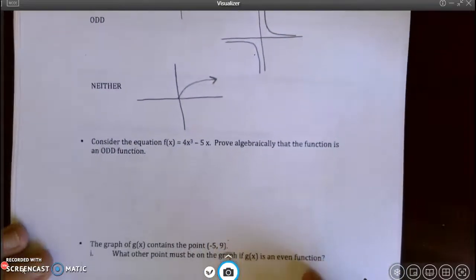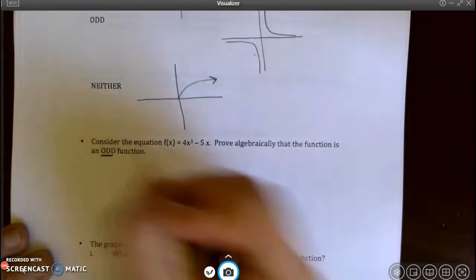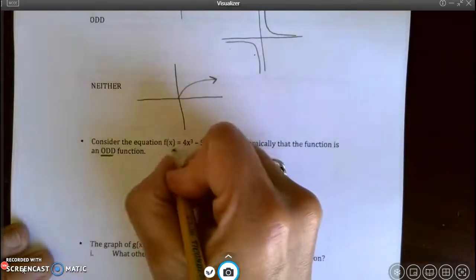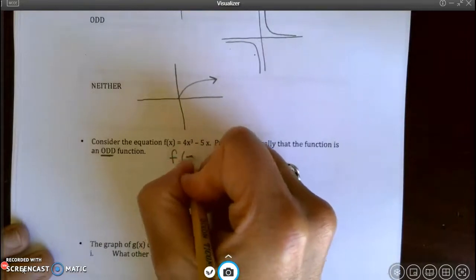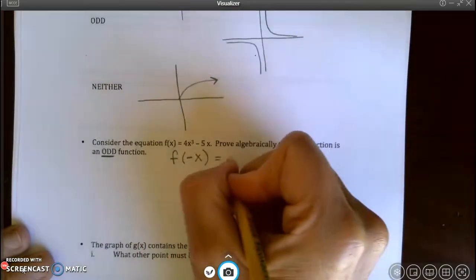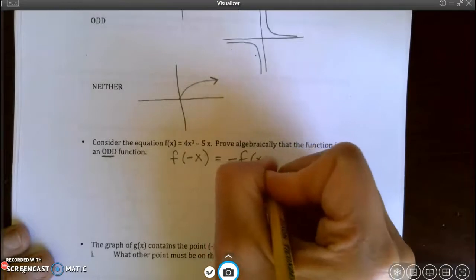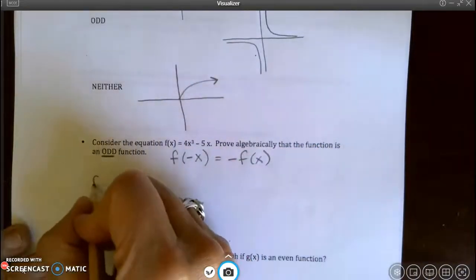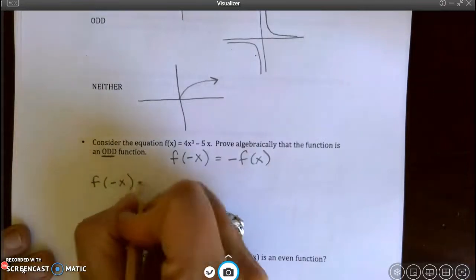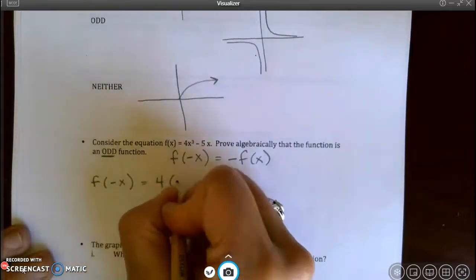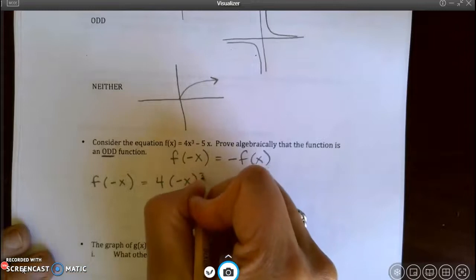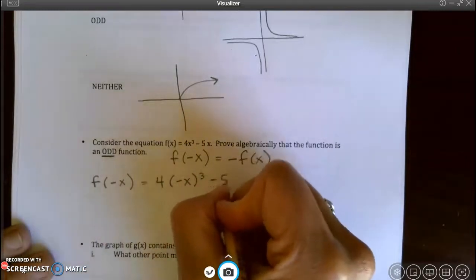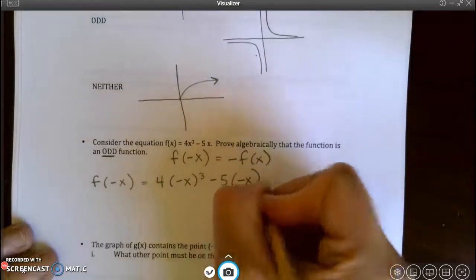Consider the equation and prove that the function is odd. Okay, the odd test is f at negative x equals negative f of x. I've got to show each side. So let's see, f at negative x would be 4 times negative x cubed minus 5 times negative x.